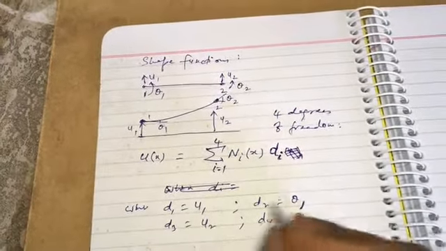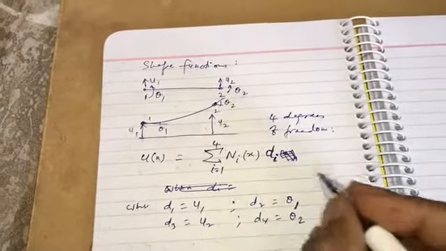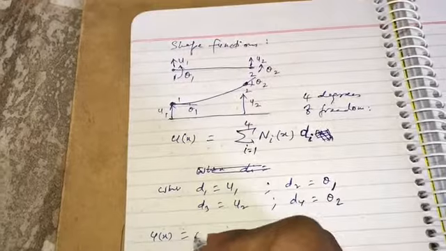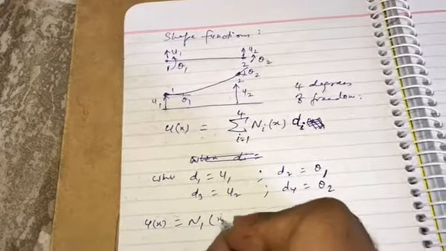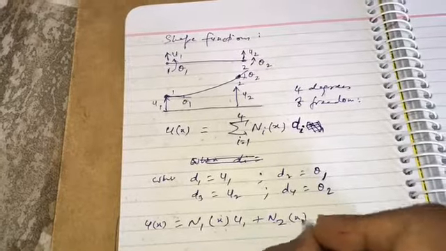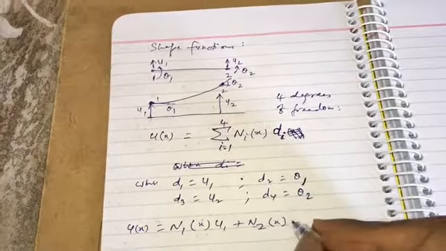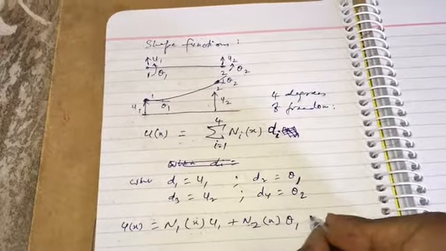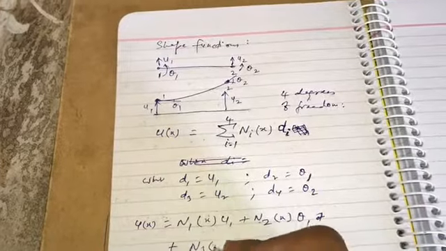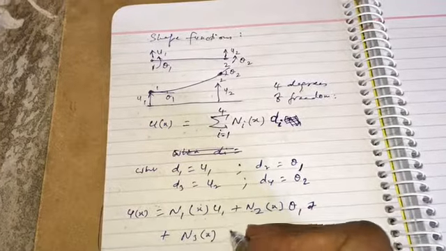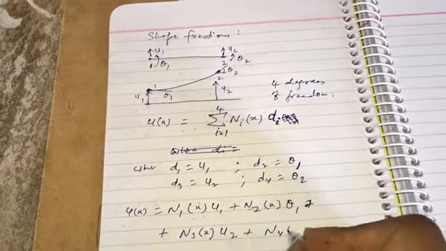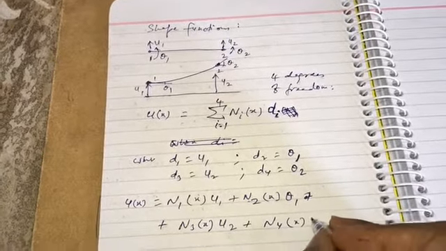So u1, theta 1, u2, theta 2. That really means u(x) we want to define as u(x) equal to N1(x) multiplied by u1 plus N2(x) multiplied by theta 1 plus N3(x) multiplied by u2 plus N4(x) multiplied by theta 2.